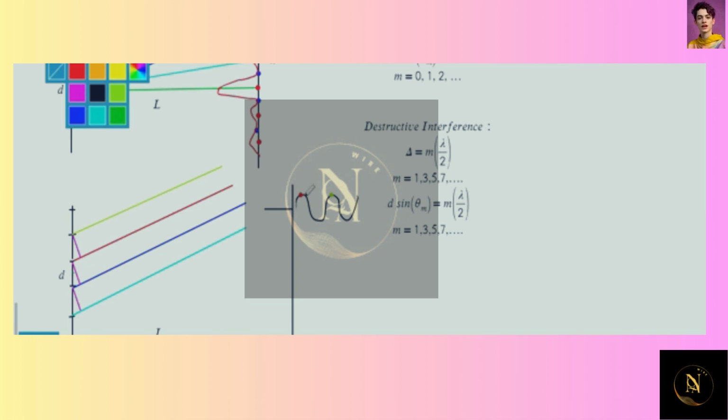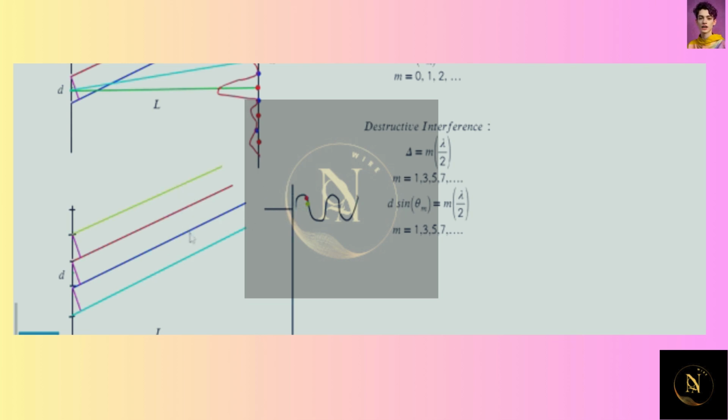It's going to be a little bit off, and the green ray travels a little bit less than it. Let's suppose the red ray is right here, and the green ray is going to be right here. So they're going to be constructive, but not completely.